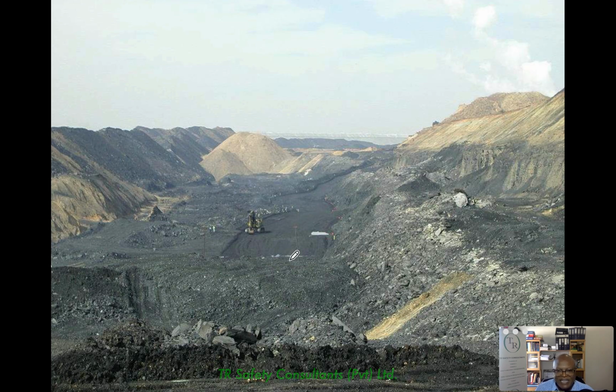Once this stretch is open and extracted, it's a matter of taking the overburden and filling it in the hole, and then going again, extracting another batch, taking the deposit, the overburden, and filling it in here as well after they extract. The same thing they would have done here, until they close everything up. So that's how they extract and exploit the ore deposit.